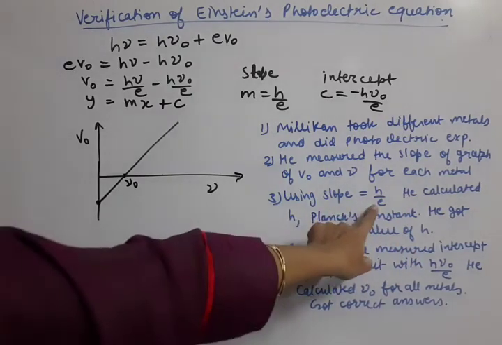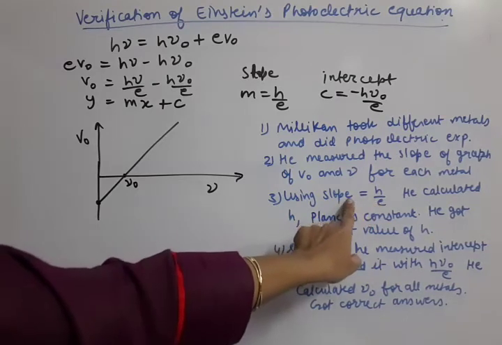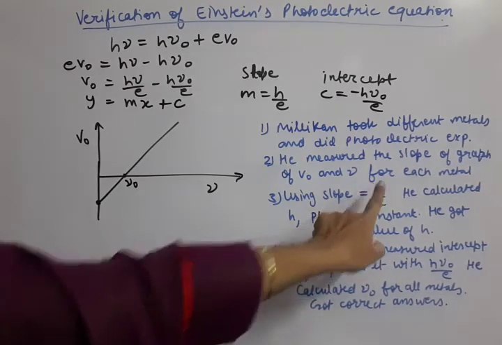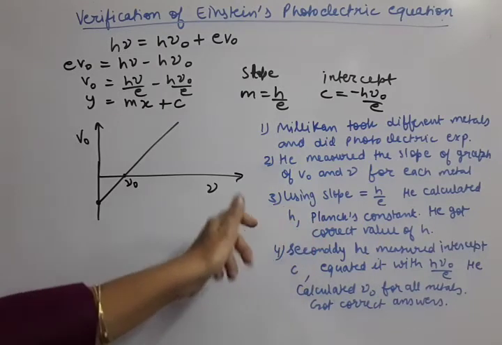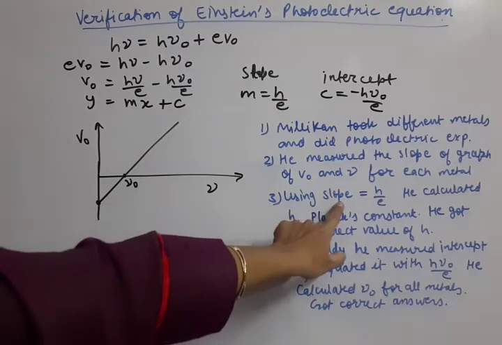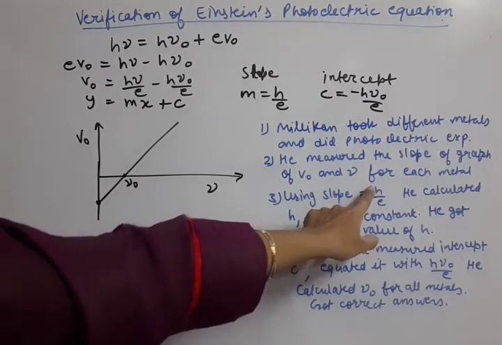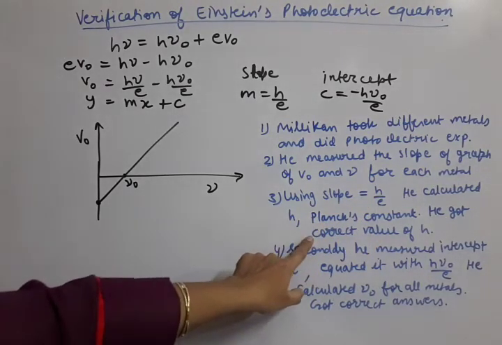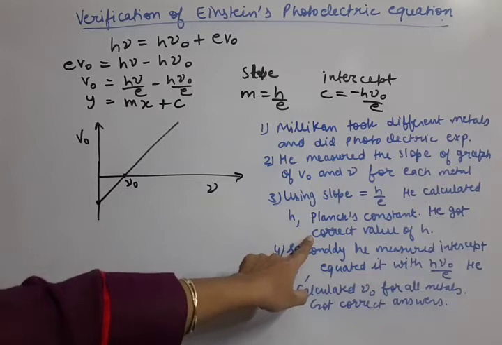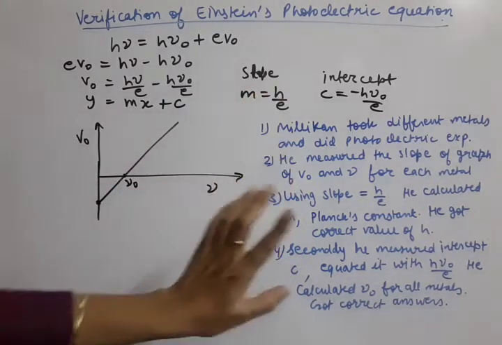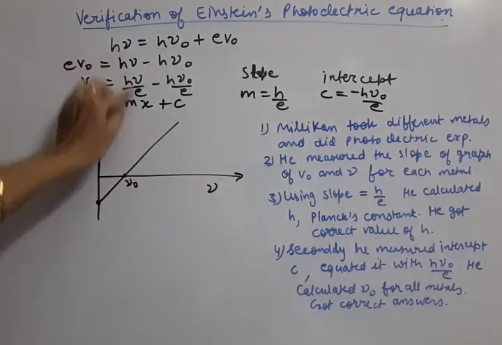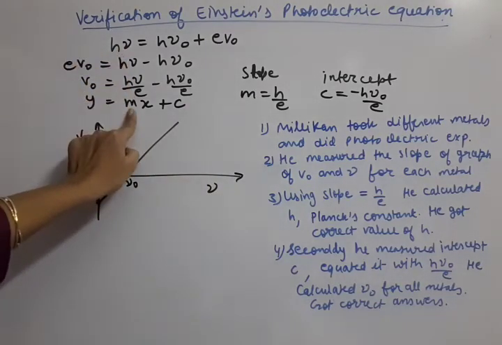Considering that e is known and the slope is known, he did cross multiplication and solved for h, that means Planck's constant. Using the slope he obtained from the graphs, he calculated the h value, and that h value came out correct. That means yes, the slope of this graph is equal to h upon e, so this part of the equation is verified.